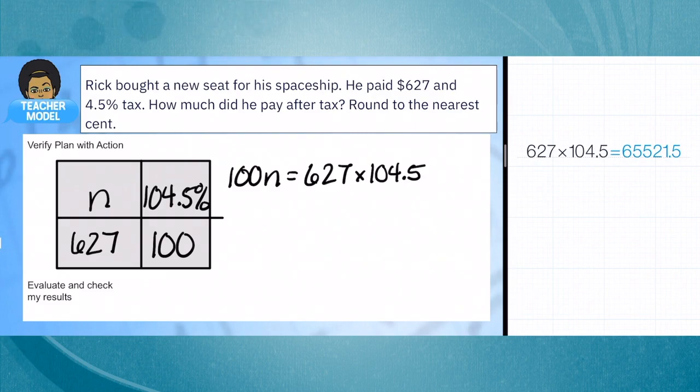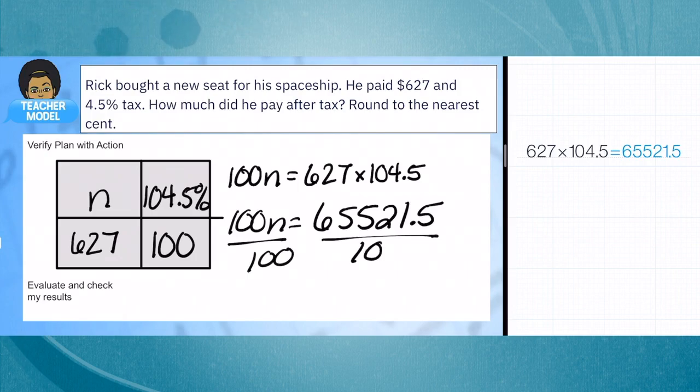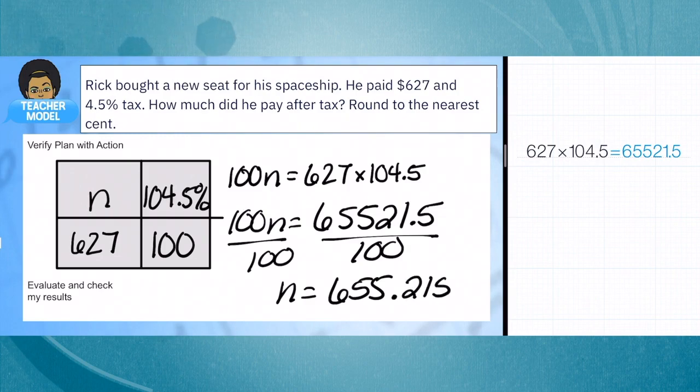And we get 65521 and 5/10. And I'm going to divide both of these by 100. I already know I'm going to move my decimal just once and twice. So N is 655 and 215. But that doesn't make sense for money. We're going to round this to the nearest cent, which means 655 and 22 cents.